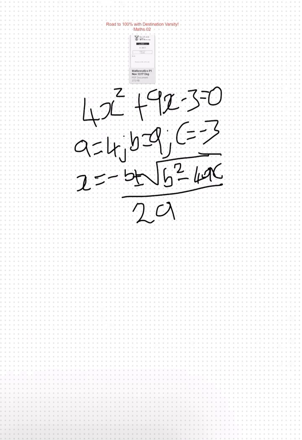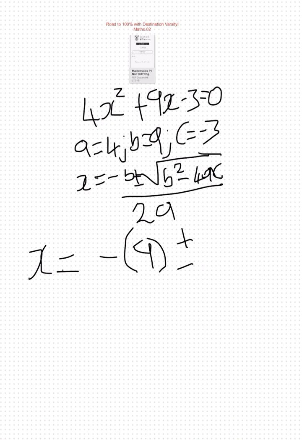From here, it's just a matter of plugging in your values, the value of a, the value of b, the value of c. So x equals minus, what's your b? It's 9, right? Minus into 9, plus or minus.